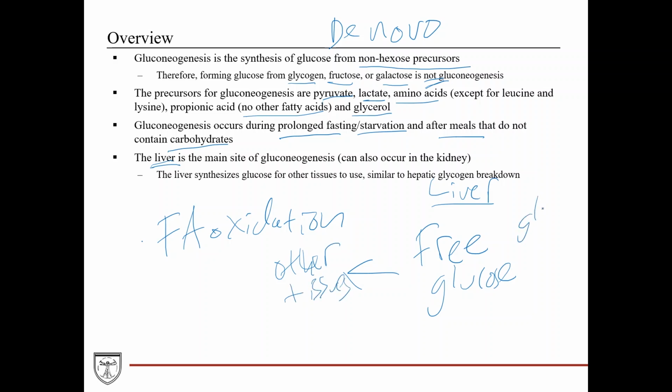And the two main sources of that are glycogen breakdown, and then gluconeogenesis. And remember, you have to use gluconeogenesis because eventually you're going to run out of glycogen.